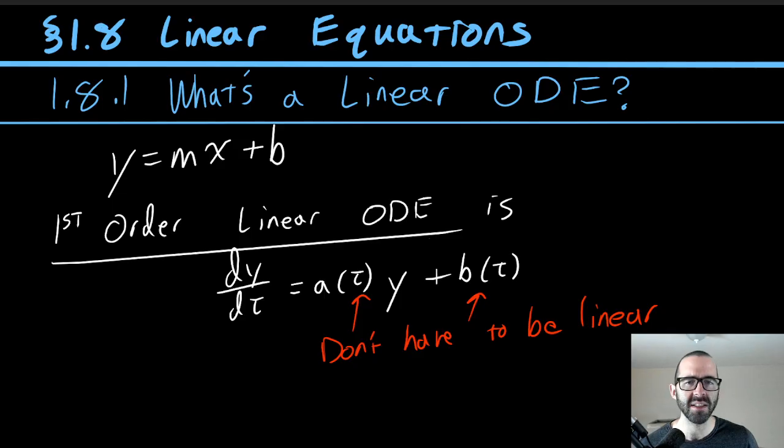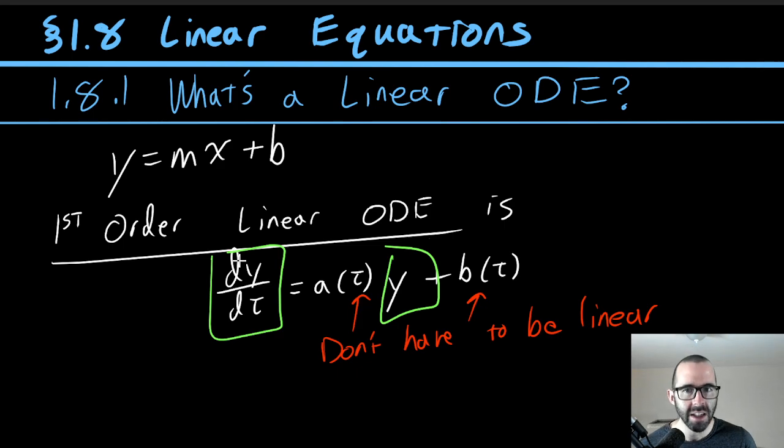That's kind of one of the ways of remembering these definitions. Most of these definitions have to do with the dependent variable. Linear makes no claims about b and a. Linear just means the derivative and the y part is linear. Like it's not y squared, it's not the derivative squared. When we talk about second order linear, there will be a second derivative, but that also has to be linear, right?